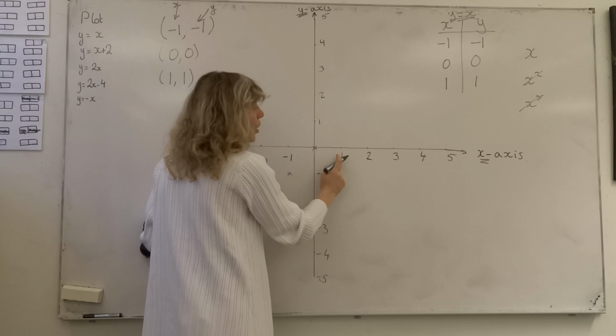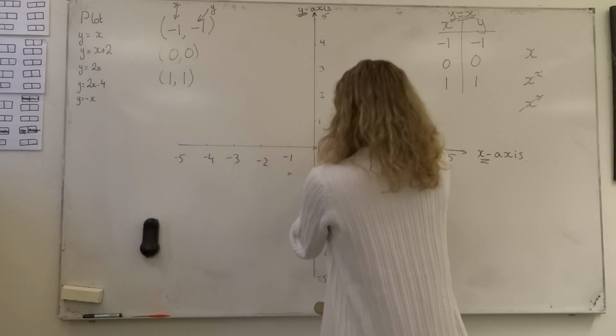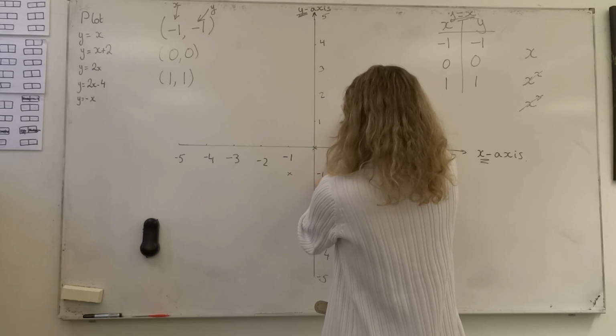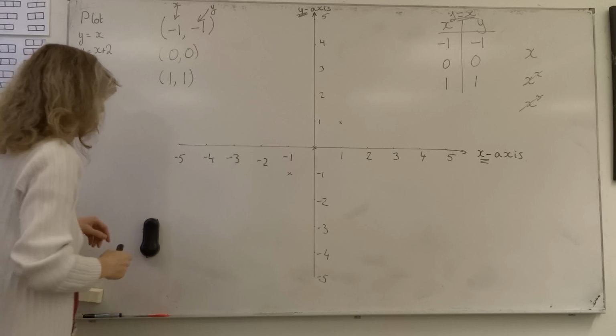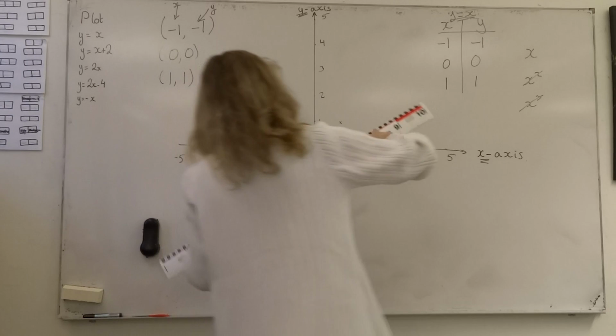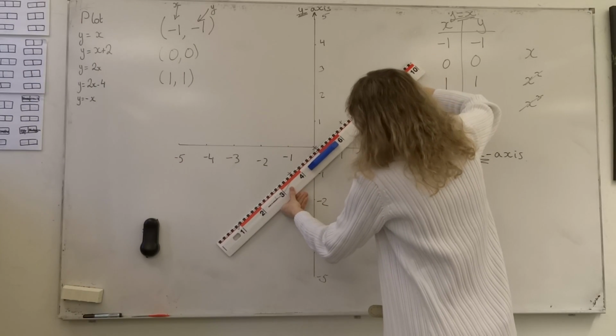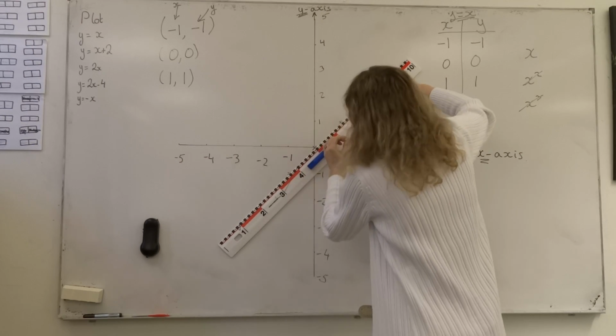So I go 1 along in the x coordinate and 1 up in the y coordinate. And if I do it properly, it should be here. I now have 3 points, and it means I can fill in my line. It should go through all 3 points.